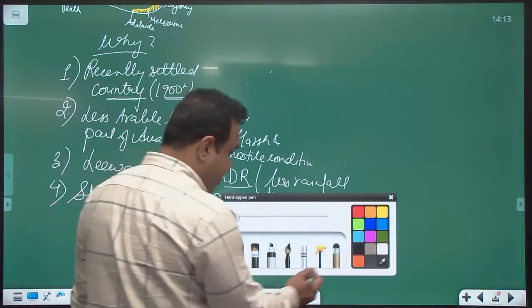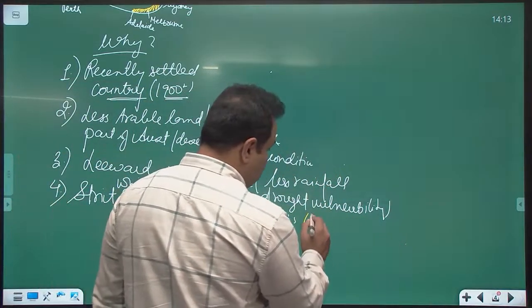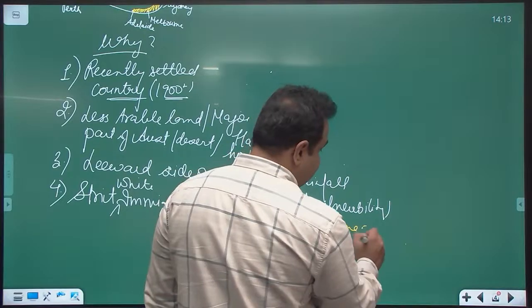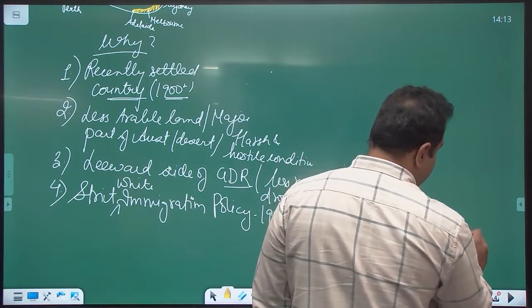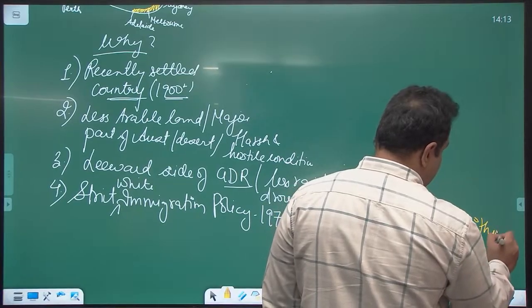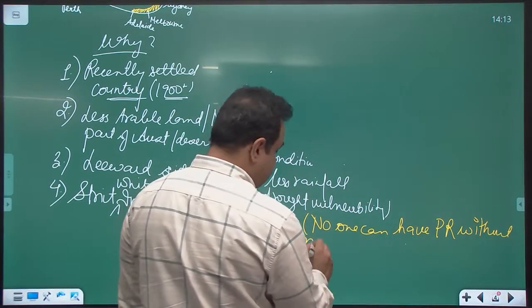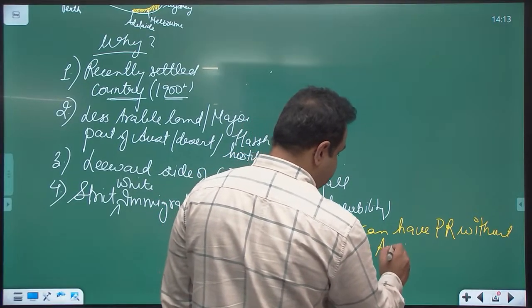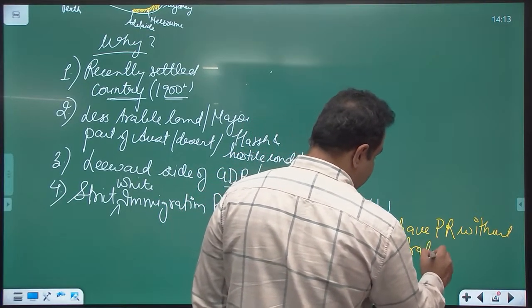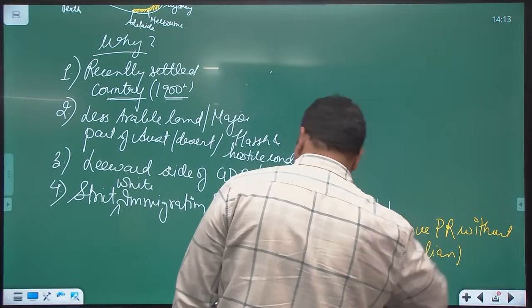So this was a very strict policy. No one can have PR without marrying an Australian.